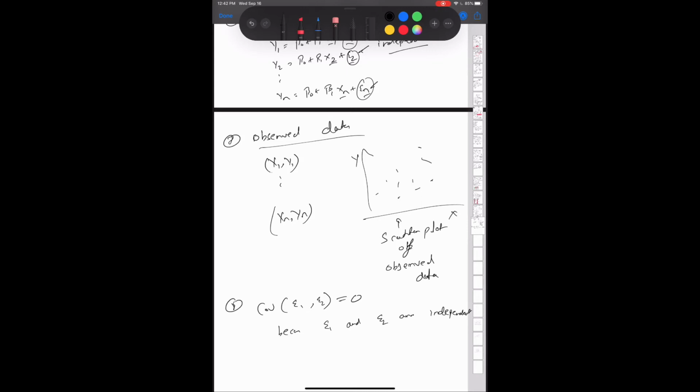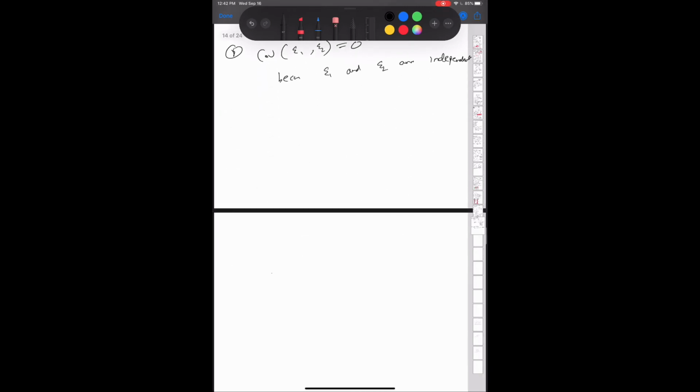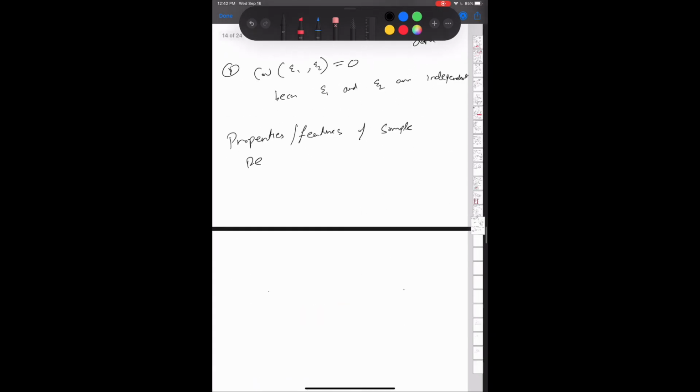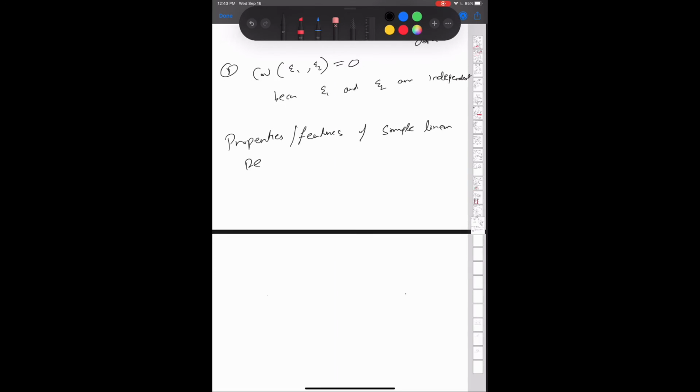So let's understand some properties, or features, of the simple linear regression model.